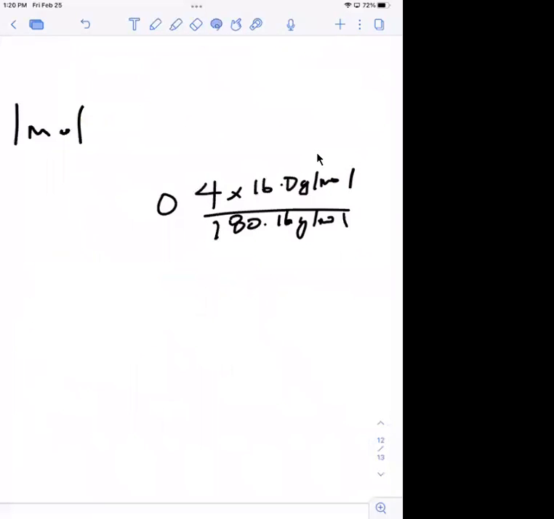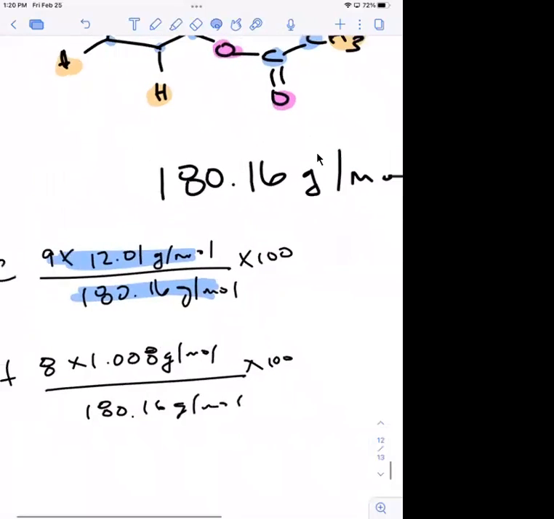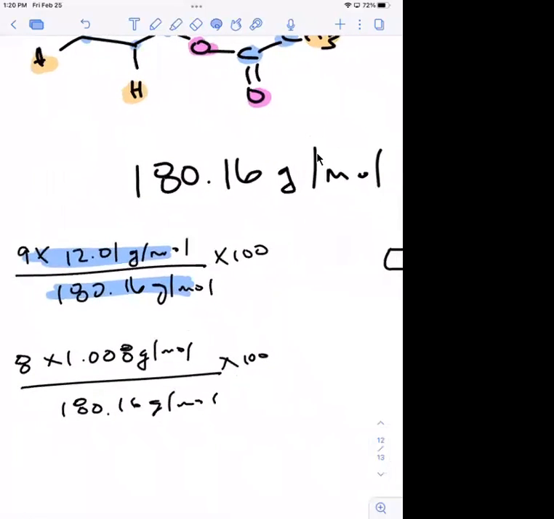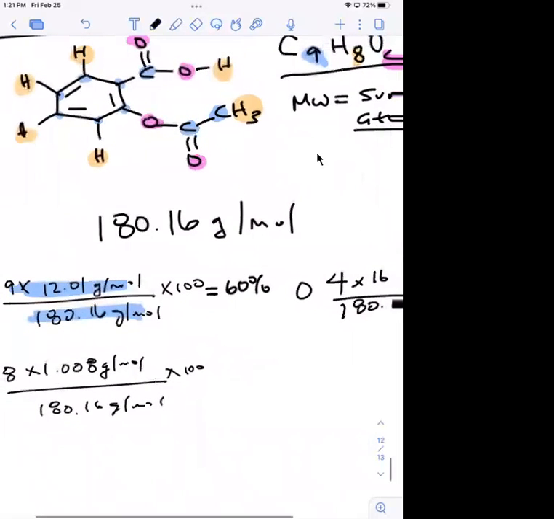All right. So let's see if we can do these calculations real quick. So for carbon, that's going to be 108.09 divided by 180.16. So let's do that, and then times 100. That means that this sample is made up of 60% carbon. Same thing with the hydrogen.